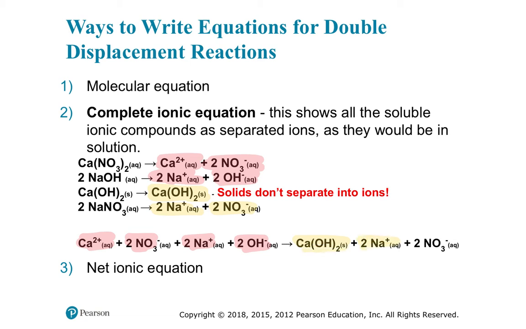If they're solids, we keep them as a solid. Okay? So we put them all together into one equation, and that's called the complete ionic equation. So anything that's aqueous that you have an (aq) next to is going to separate out into its ions. Anything that's an S or an L or a G, those do not form any ions, and so you would just write them as the compound.